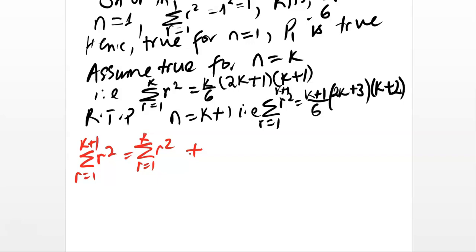If you are to add things from 1 to k plus 1, it's like adding from 1 to k, and the next term after k is k plus 1. If I'm to add numbers from 1 to 7, I add from 1 to 6, and the next after 6 is 7. Here is the k plus 1 term.